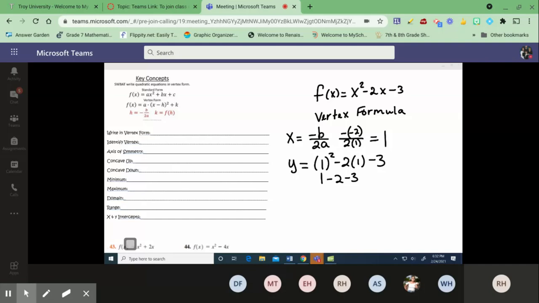That's going to come down to a negative 4. So my vertex is going to be (1, -4). So to write that in vertex form, I'm going to say (x minus 1) squared minus 4. What's my axis of symmetry?